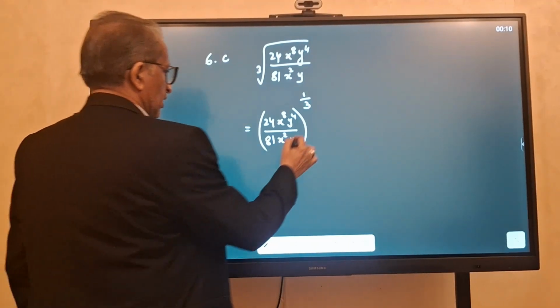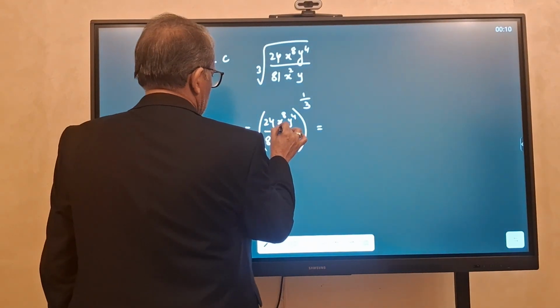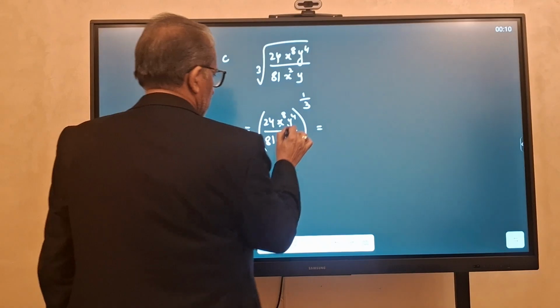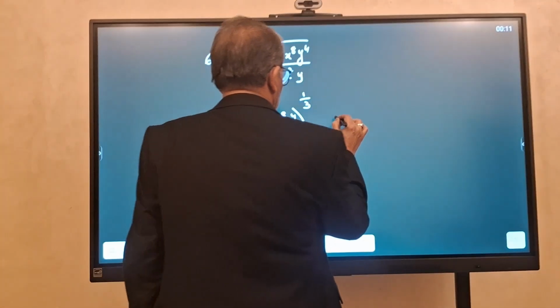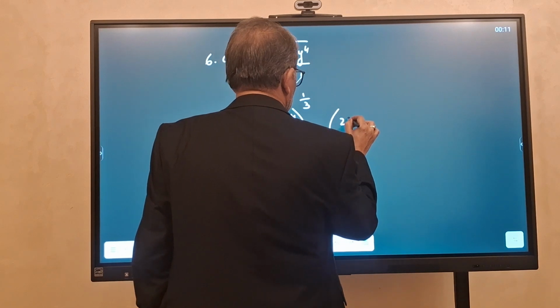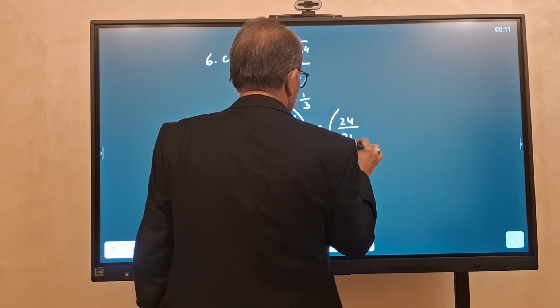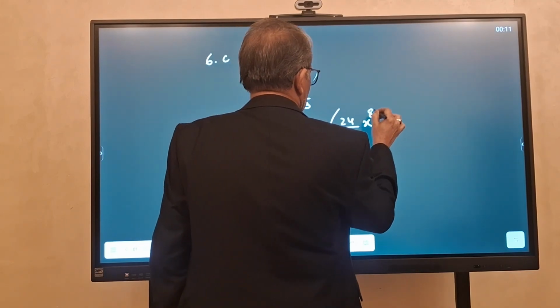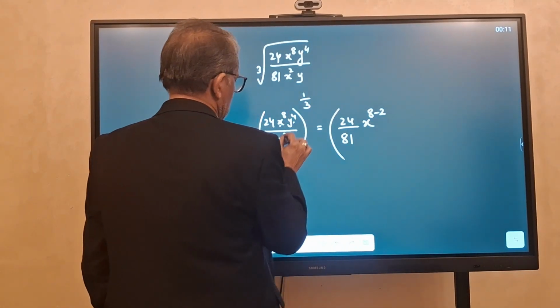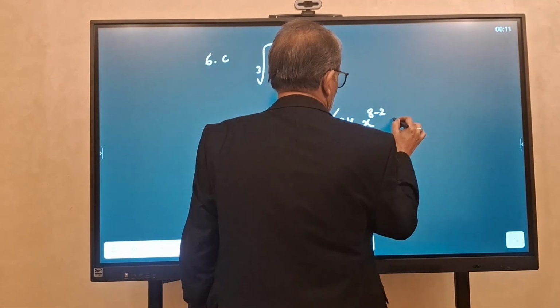Now I will simplify. x I can simplify, and y I can simplify. 24 and 81, I will not do anything with that. What is the power of x now? It is 8 minus 2. What is the power of y?